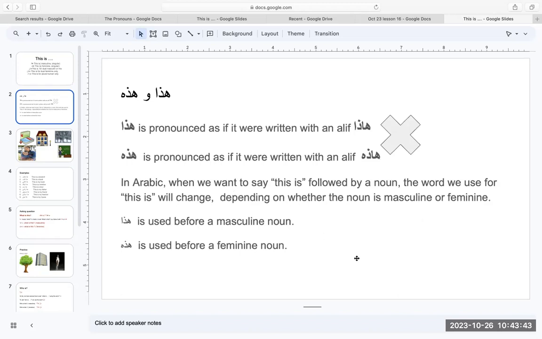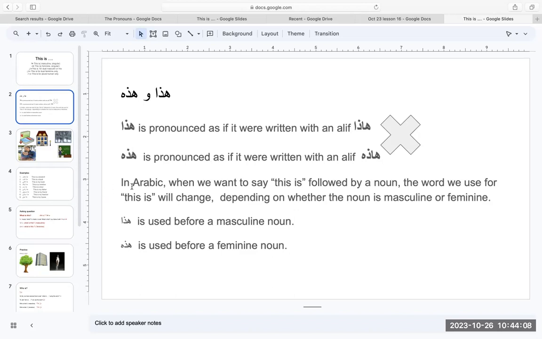And in this slide, I'm talking about that exactly. So هذا is pronounced as if it were written with an alif, هذا. You cannot write it this way. And هذه again is pronounced as if they were written with alif.